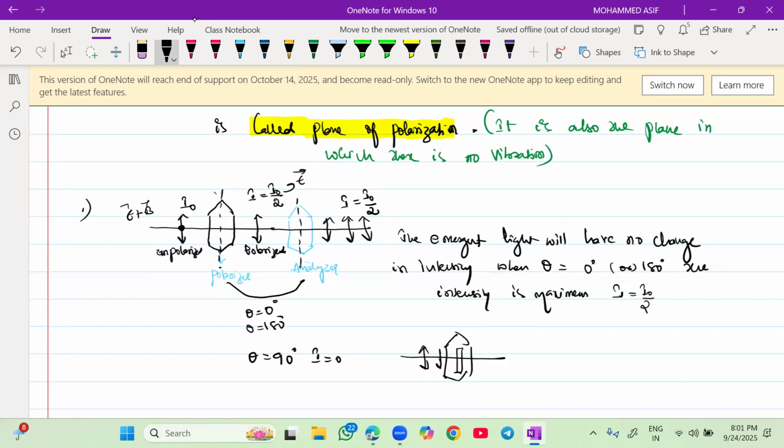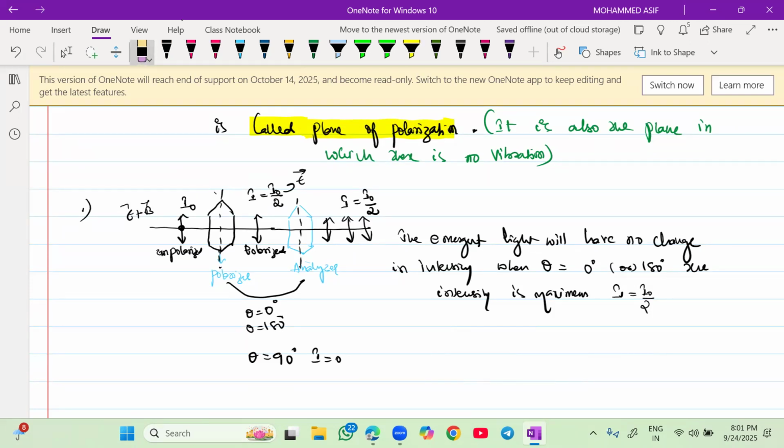This light can pass through the vertical slit. Now if this is turned by 90 degrees, the light will not go out because the slit is now horizontal. The analyzer is totally blocking, so the intensity will become 0 if the angle between the polarizer and analyzer becomes 90 degrees.